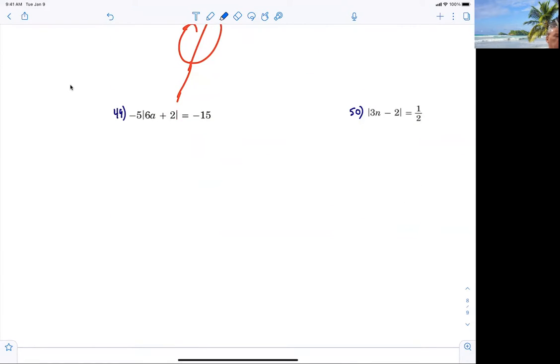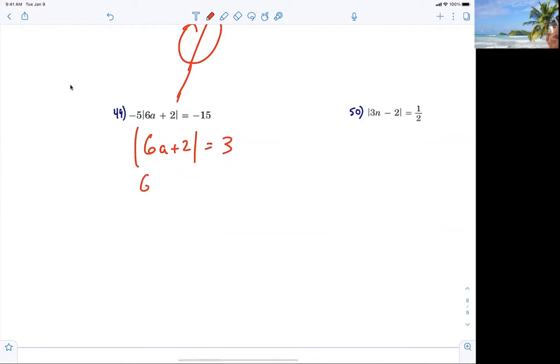No, because you have to do what first? Isolate. So instead of distributing, never distribute in an absolute value, divide by what? That's right. So then I have 6a plus 2 is equal to what? 3.